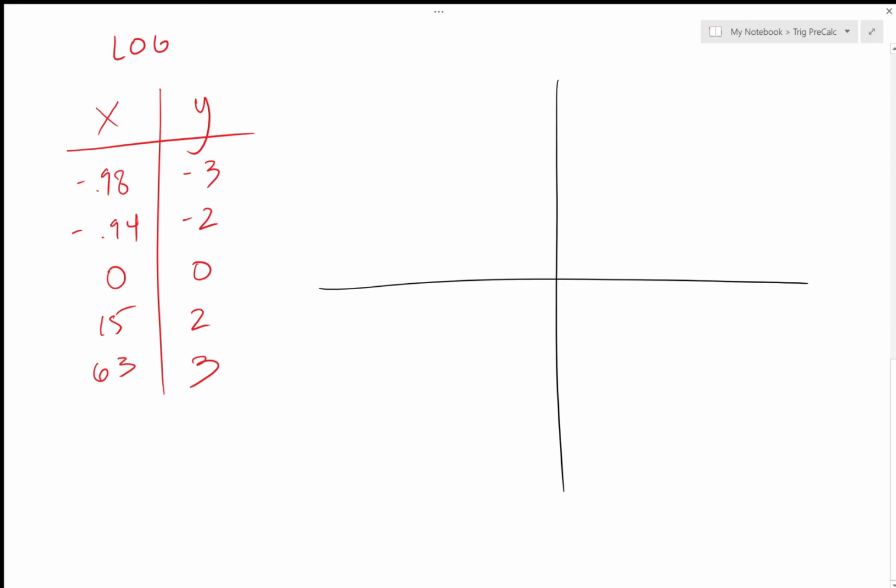So my y values range from +3 down to -3. My x values range from -1 all the way over here to 63. So this isn't very accurate, but it's going to give us an idea. And then another number we're going to see is 15, so maybe somewhere around there.